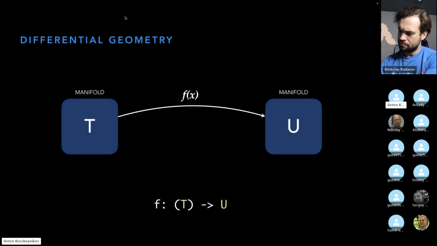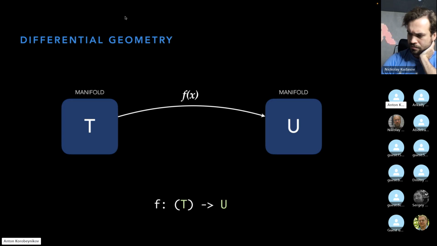A function f, with argument type t and result of type u, could be drawn as a function between two different manifolds, manifold t and manifold u. And if we are to do calculus with points on this manifold, or in other words, with values in types t and u, these manifolds need to be differentiable manifolds.